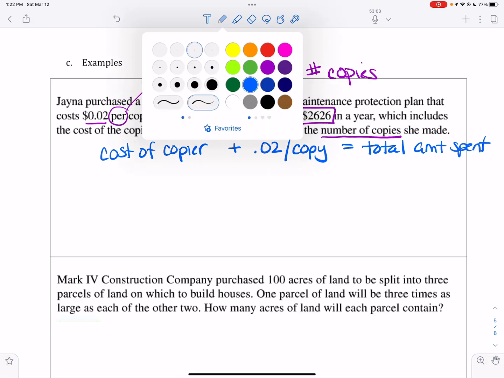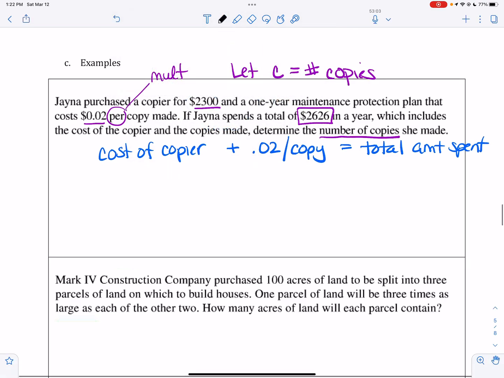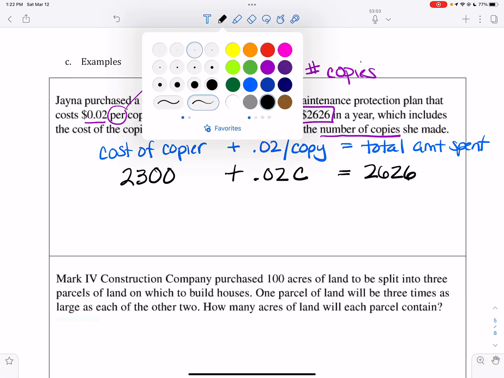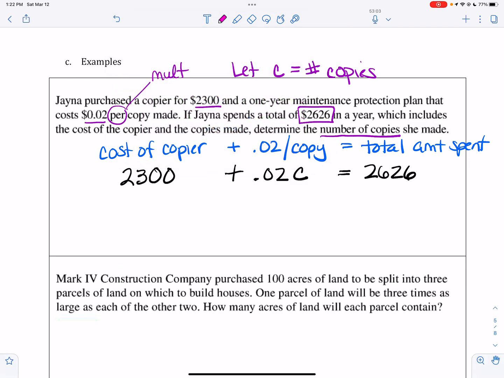So now we're going to replace what we know. We know the cost of the copier was $2,300. We know we have to pay 2 cents times the number of copies that we're making, and that's what we don't know. And then we know that she spent $2,626.